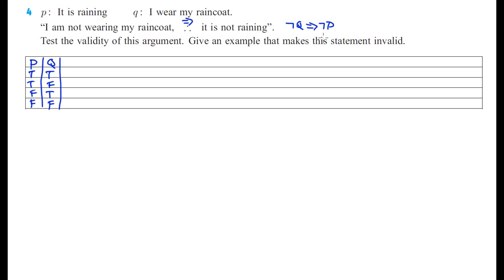So we've got not Q implies not P. So let's do not Q first. So true, false is now false, true, and then not P is false, false, true, and true.